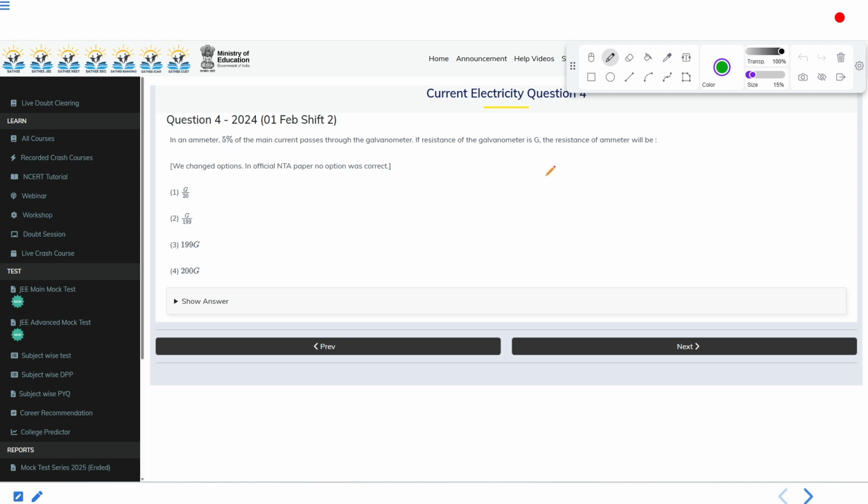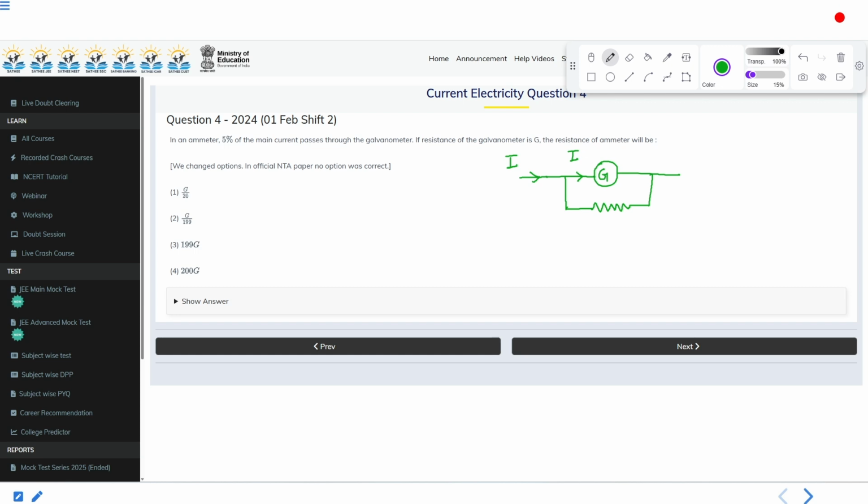Okay, so the circuit diagram: this is the galvanometer. We have converted this galvanometer by inserting a shunt in parallel to it. So this setup will become the ammeter. Now 5% of the main current. What is the main current? That is the current I coming in the main circuit. Out of I, 5% current is going through the galvanometer.